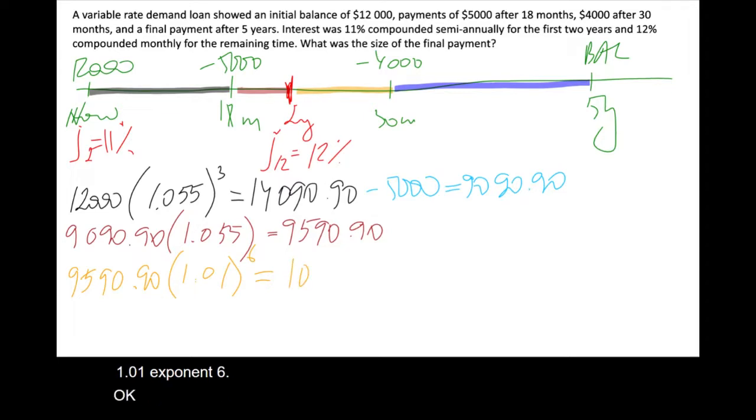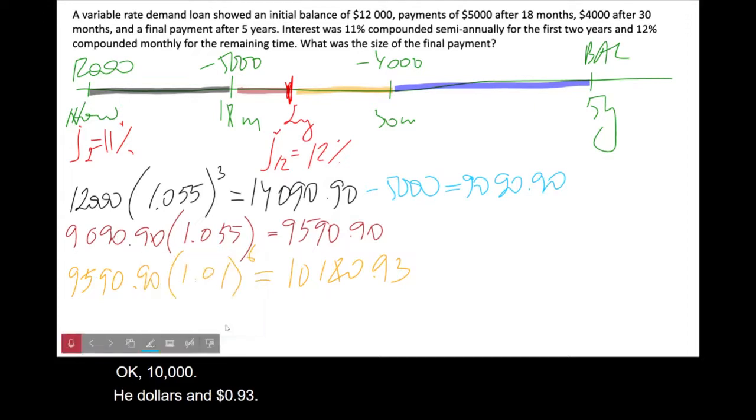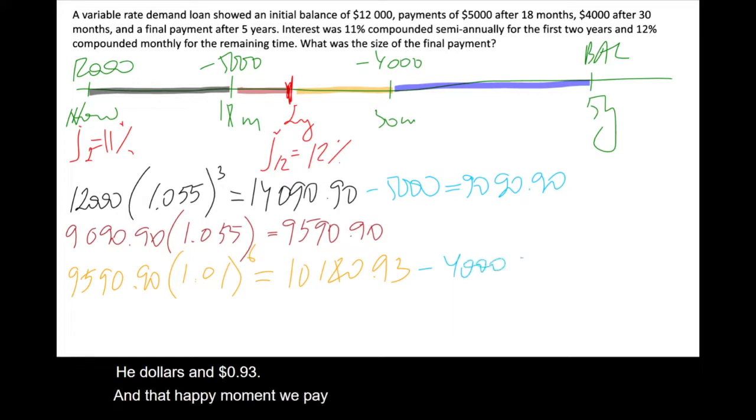Okay, $10,180.93. At that happy moment, we pay $4,000, and we have 6,000 and a little more as outstanding balance.